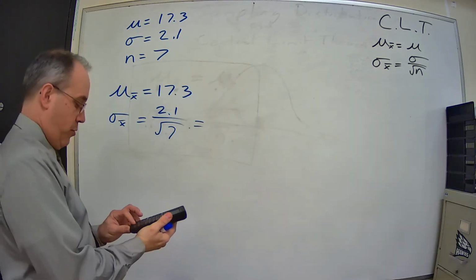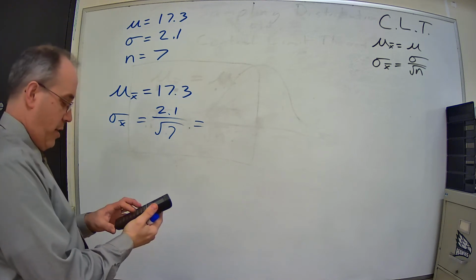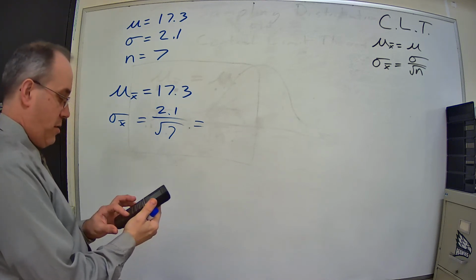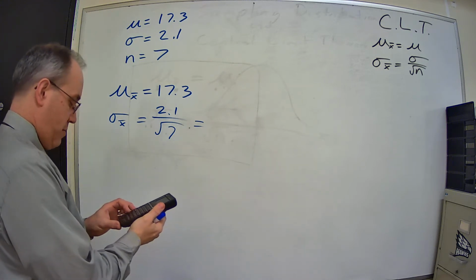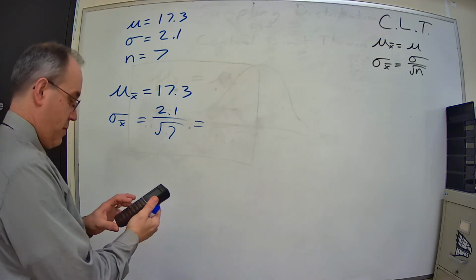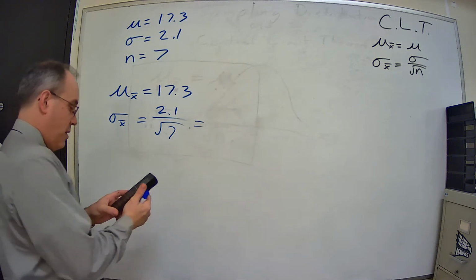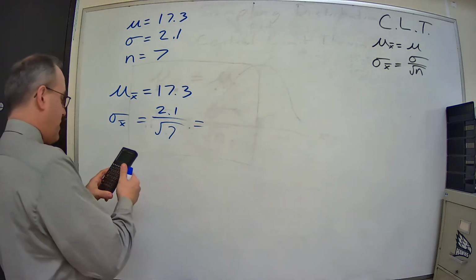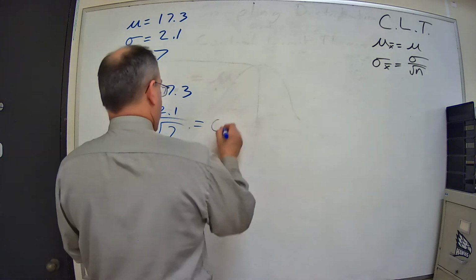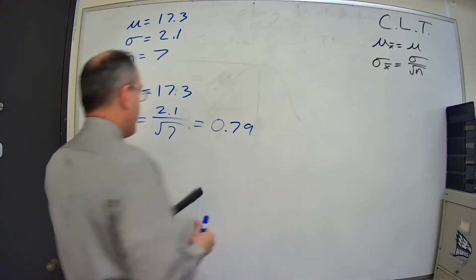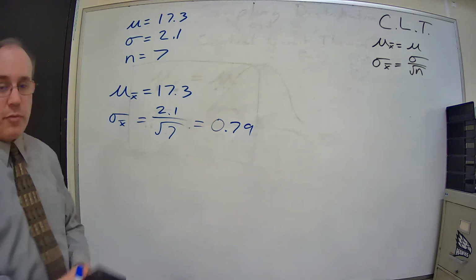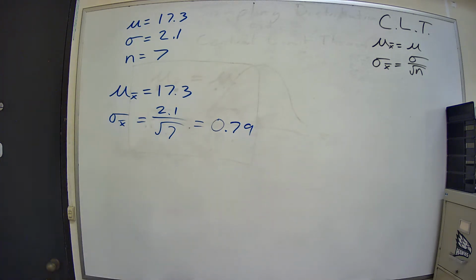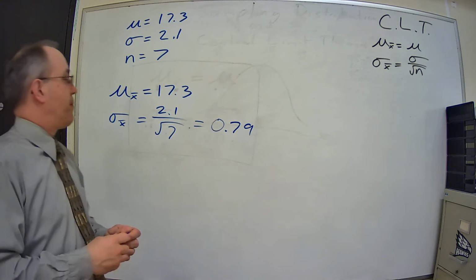So we have 2.1 divided by the square root of 7. Gives us 0.79 approximately. So 0.79. Now, looking at that, we may notice something.